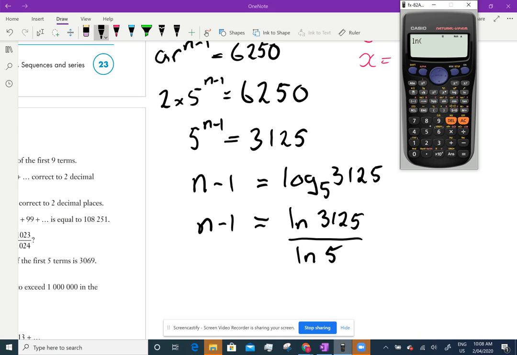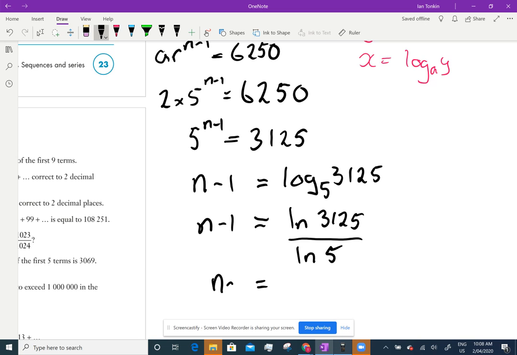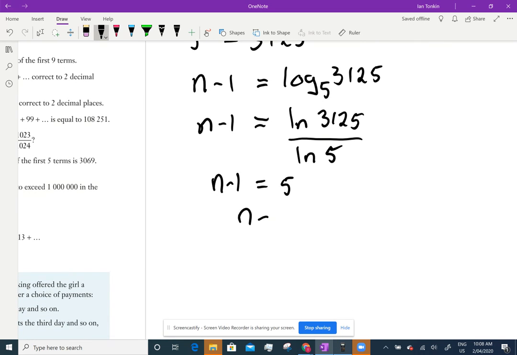So ln 3125 divided by ln 5. I've got too many brackets there. I get 5. So n minus 1 equals 5. Therefore, n equals 6.